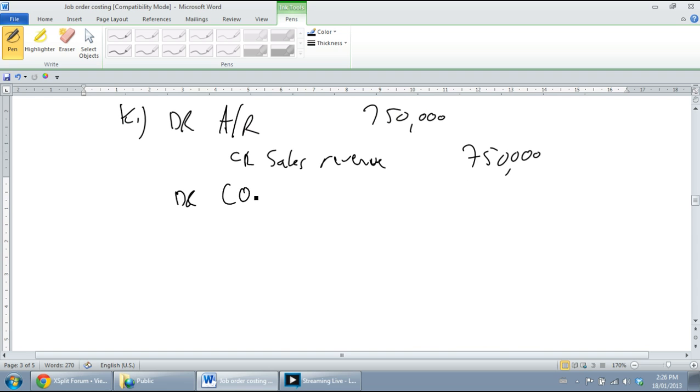I'm going to debit COGS, cost of goods sold, $400,000, and I'm going to credit, well, when I sell stuff, I sell inventory. Is it raw materials that I'm selling? No. Is it WIP that I'm selling? No, I wouldn't sell half finished goods. I sell finished goods. So I'm going to credit finished goods inventory for $400,000. Now at this point, we've completed all of our journal entries.